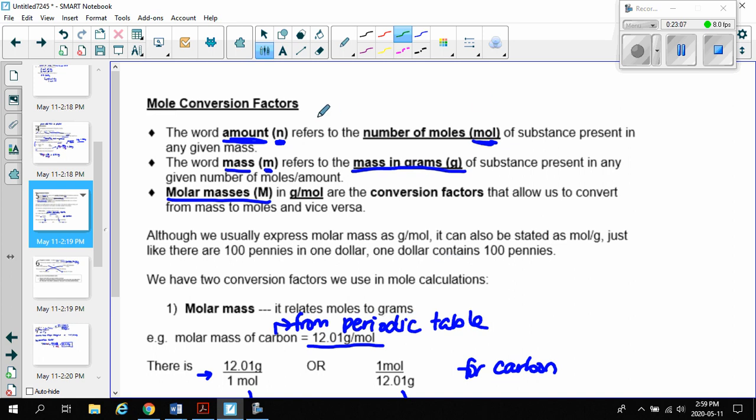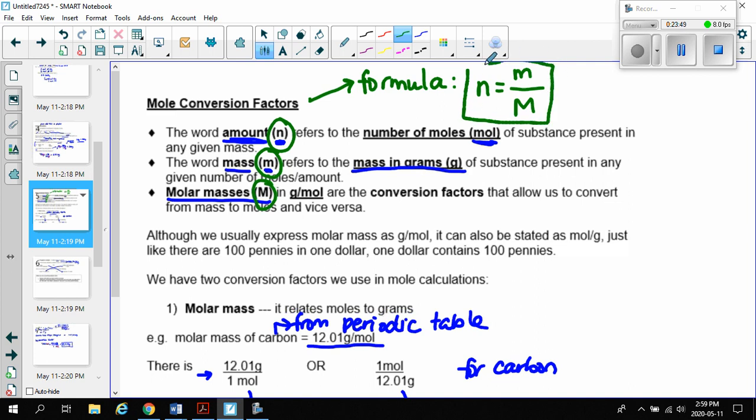The formula that you might use instead of conversion factors: N equals, with N again representing number of moles, equals lowercase m over uppercase M. And again, these 3 variables are right here: N, lowercase m, uppercase M.